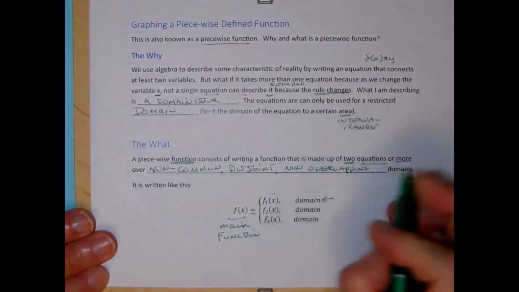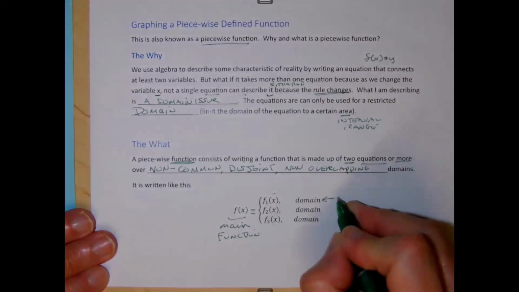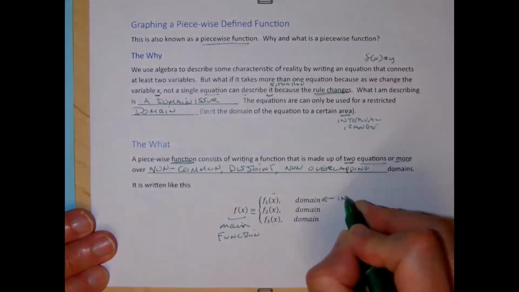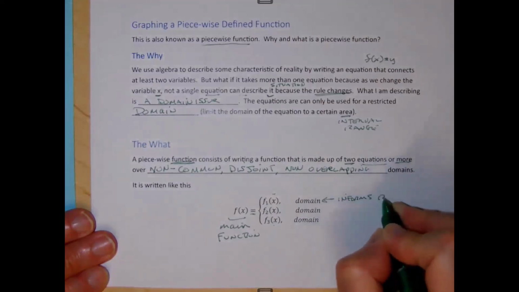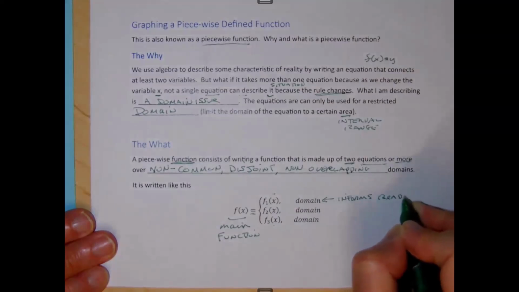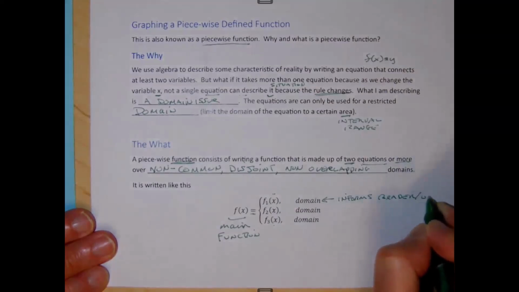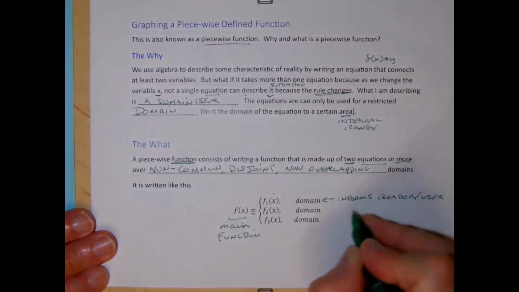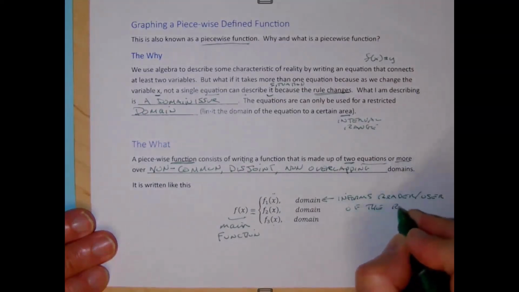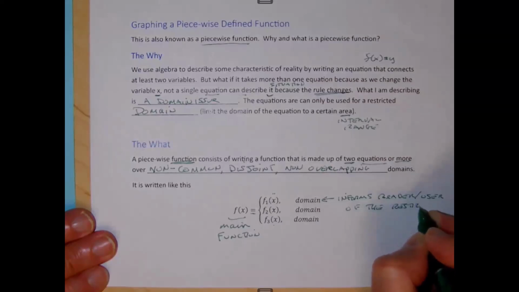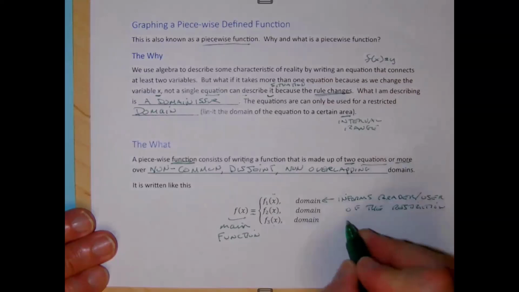You have this information on the right, and this informs the reader or user of the restriction for a particular function.